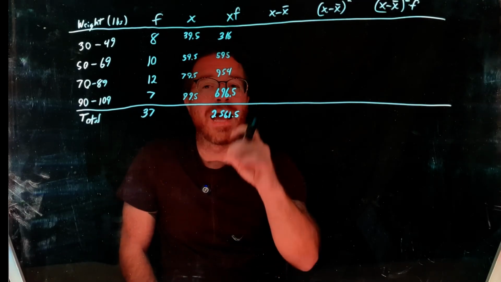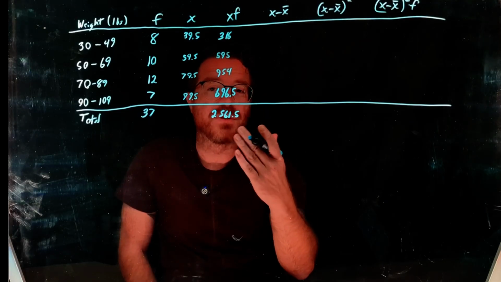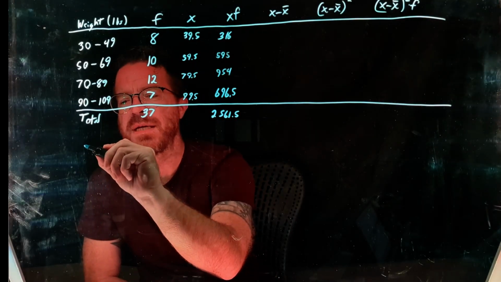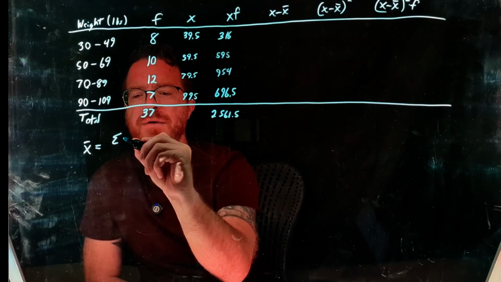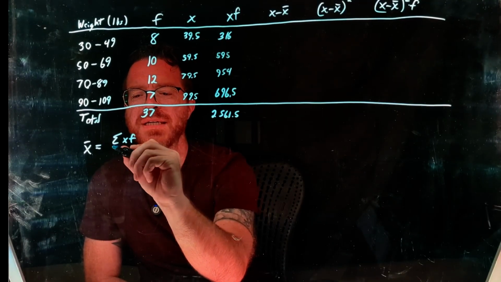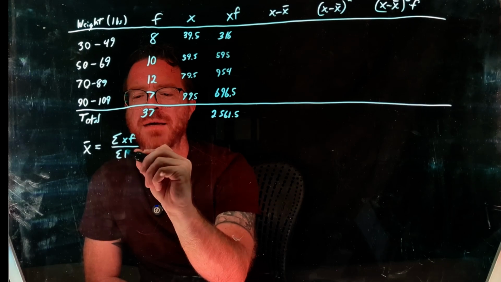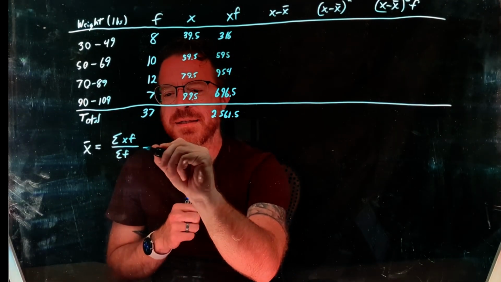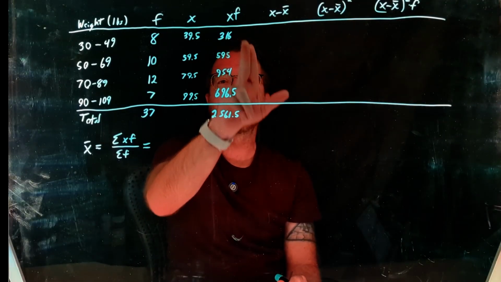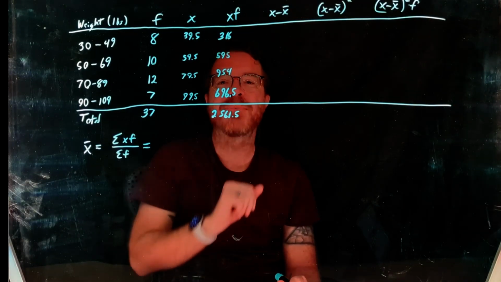So if you remember how to find the mean when you have interval data or grouped data, it is going to be x bar equals the sum of your midpoint times the frequency divided by the sum of your frequencies. Well, guess what? We already have that data, right? Because these values are x times f. They're the midpoint times my frequency.